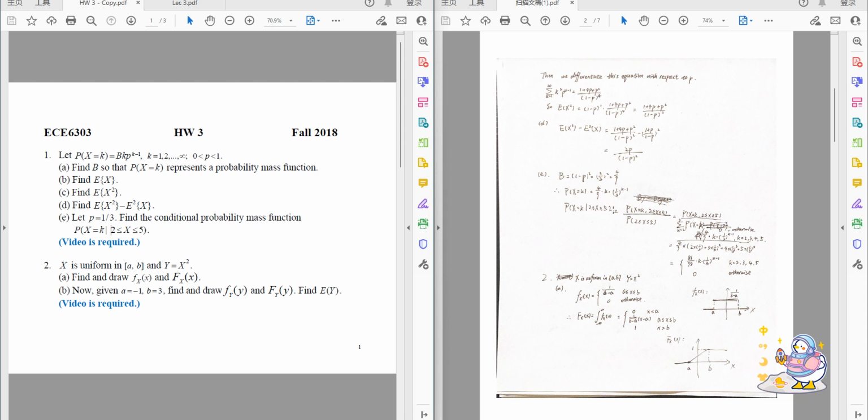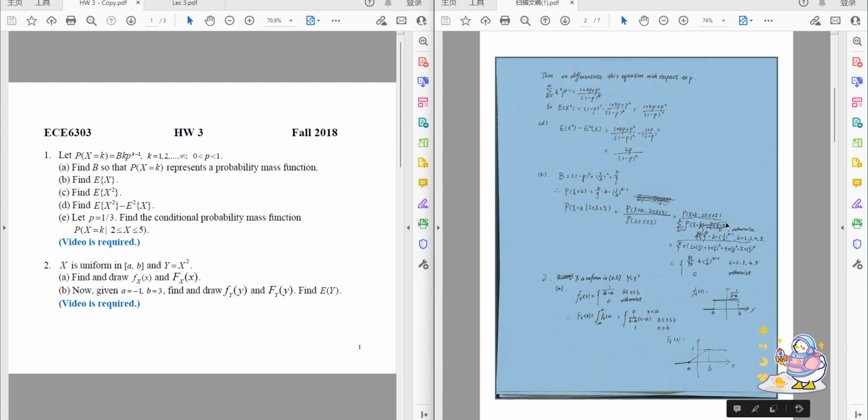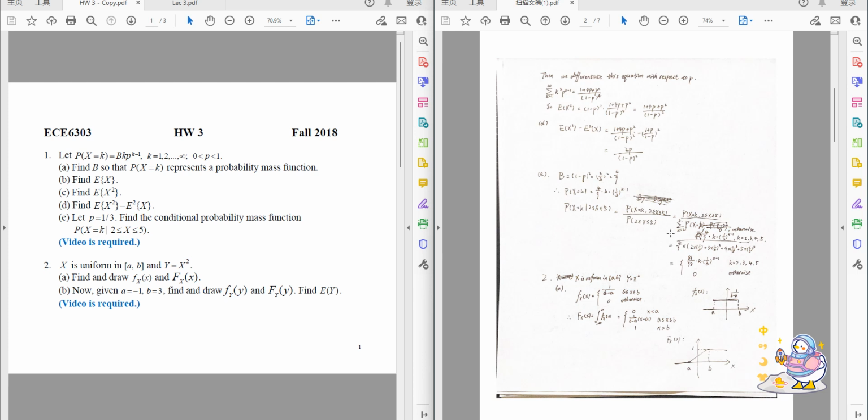The mass function is equal to the probability of x equal to k and x between 2 and 5, divided by the probability of x between 2 and 5. So we put in the values and the function. We can get the final result. It is this.